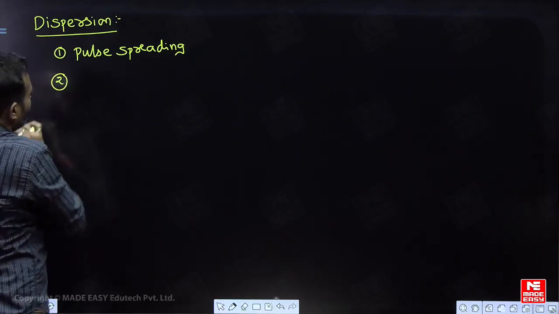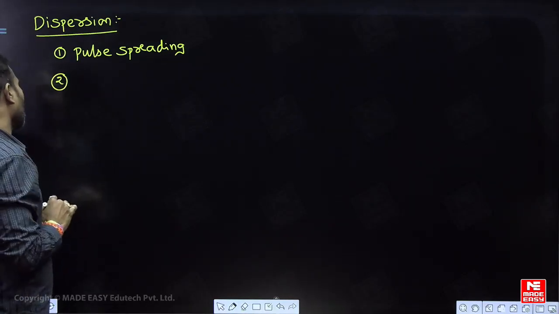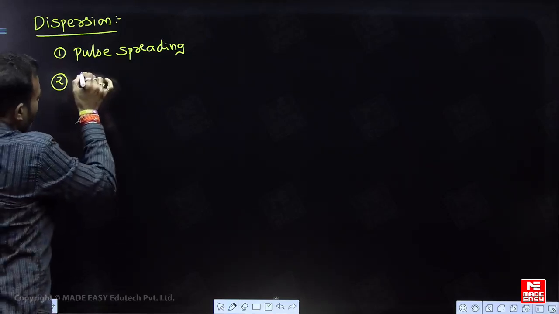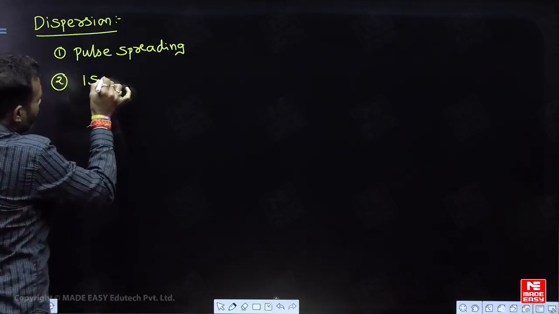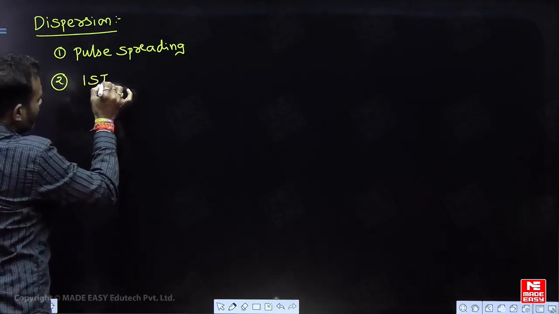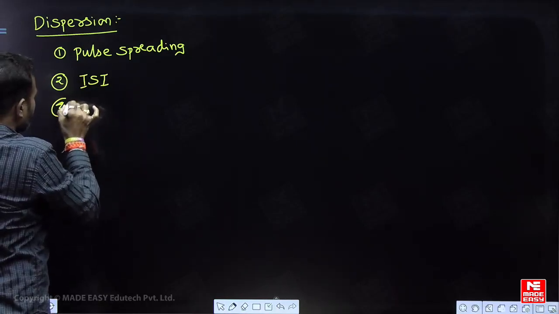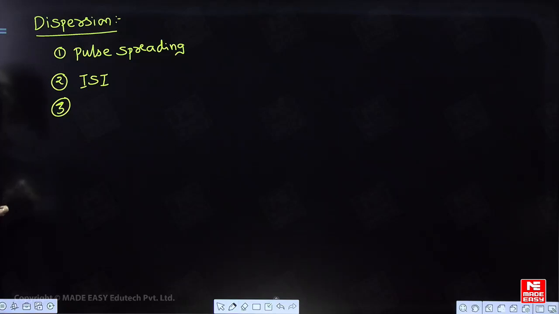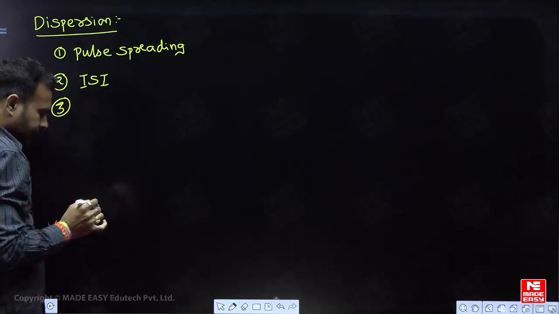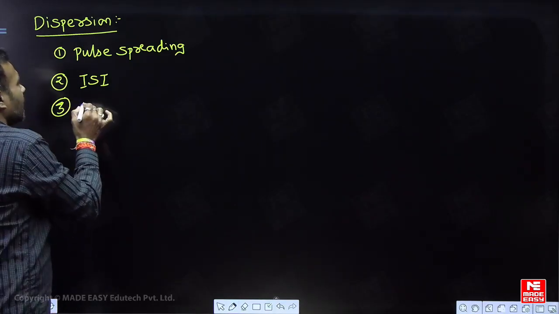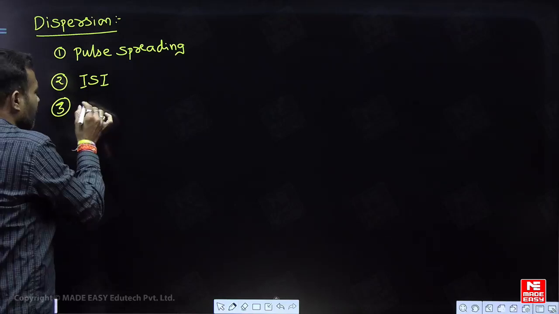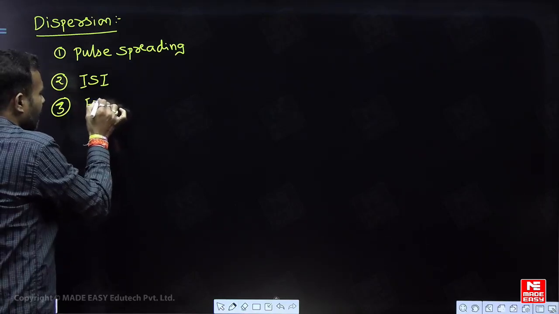Second point, due to the pulse spreading we have ISI. ISI stands for inter-symbol interference. Third, after this pulse spreading, it is called ISI. Because of ISI we have errors.